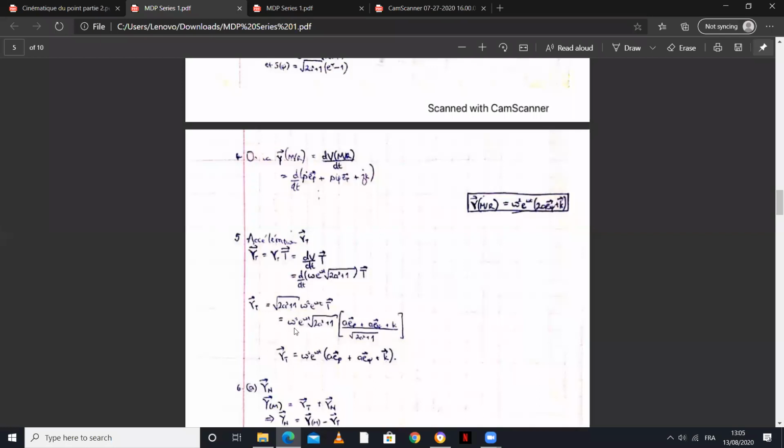What's going to be left is omega squared exponential of omega t multiplied by this term in the parentheses. Here we're just using the formulas in our notes, the expressions we've already found before. You substitute, you simplify, and you get your final answer.